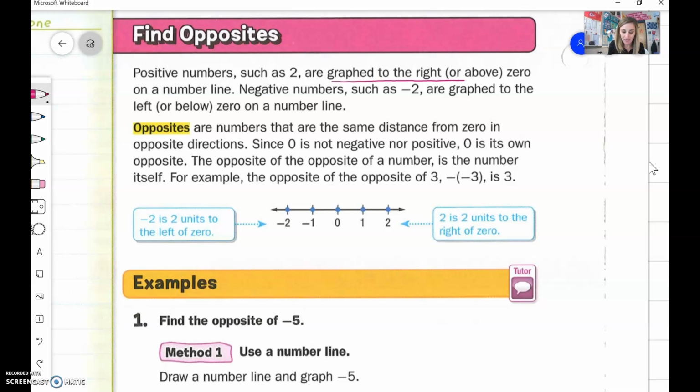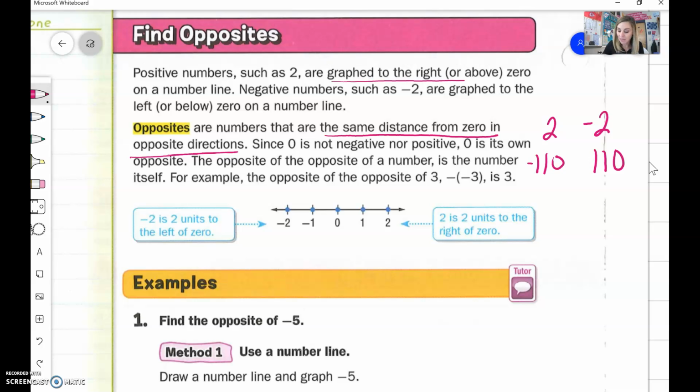So opposites are the numbers that are the same distance from 0 in the opposite direction. The opposite of a positive 2 is a negative 2. The opposite of a negative 110 is a positive 110.